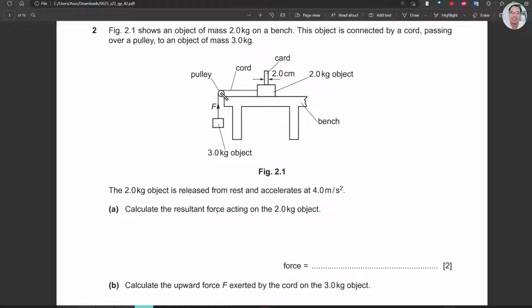Calculate the resultant force acting on the 2 kilogram object. The question is resultant force. We are given acceleration and mass. The famous equation is F equals ma. 2 kilograms multiplied by 4, so the force is 8 newtons.